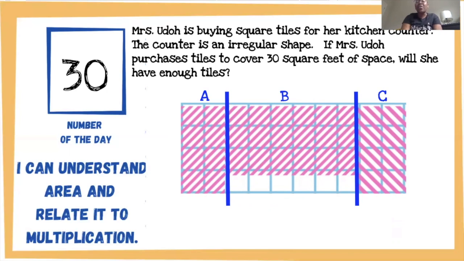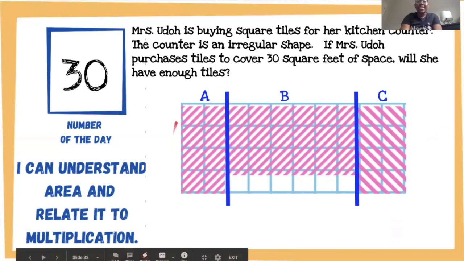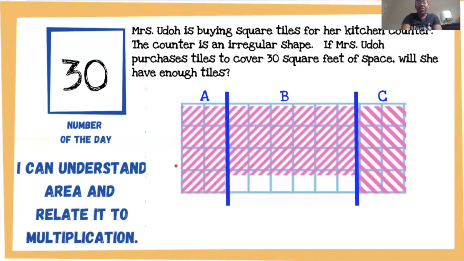That's right, we're going to find the area of each of those rectangles. Let's look at rectangle A. Rectangle A has a length of 4 and a width of 2. And so what is the area of rectangle A? That's right, we multiply 4 times 2 to get an area of 8 square feet.